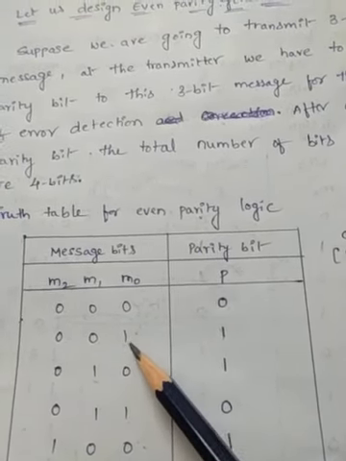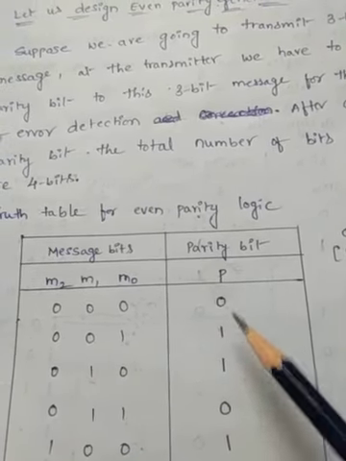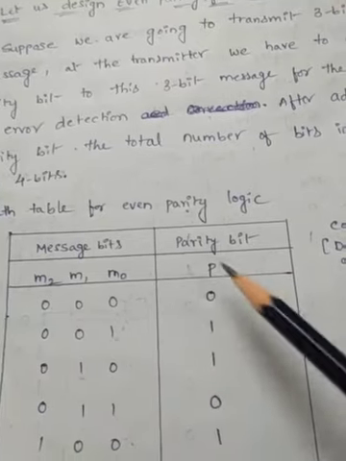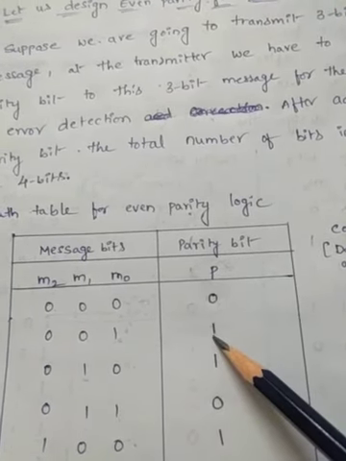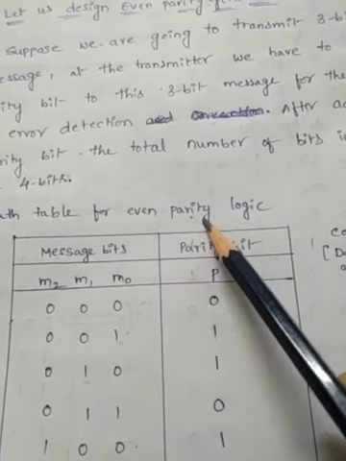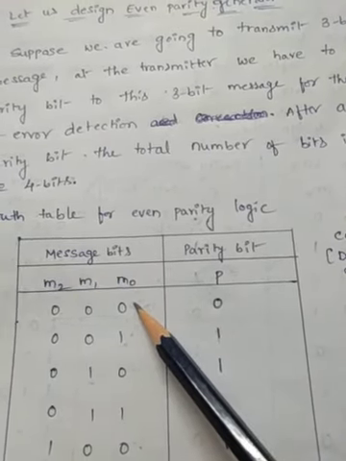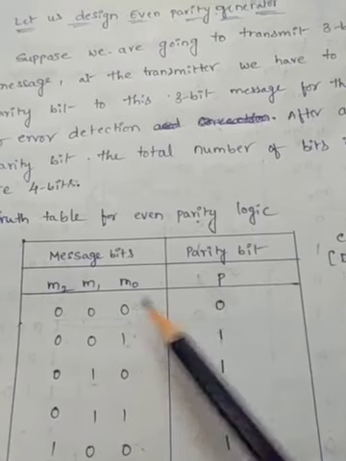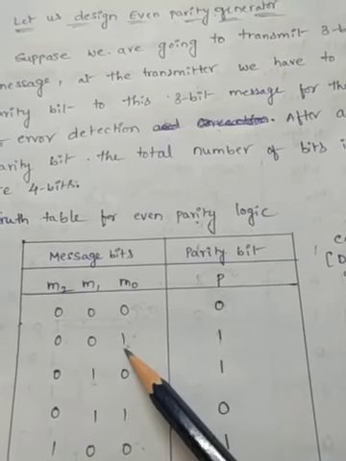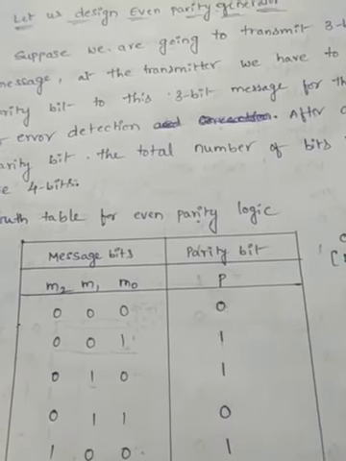So in order to make an even number of ones in the total message bits, the parity bit must be 1. So in even parity logic, if an even number of ones are there in the message bits, then the parity bit is 0. If an odd number of ones are in the message bits, then the parity bit is 1.